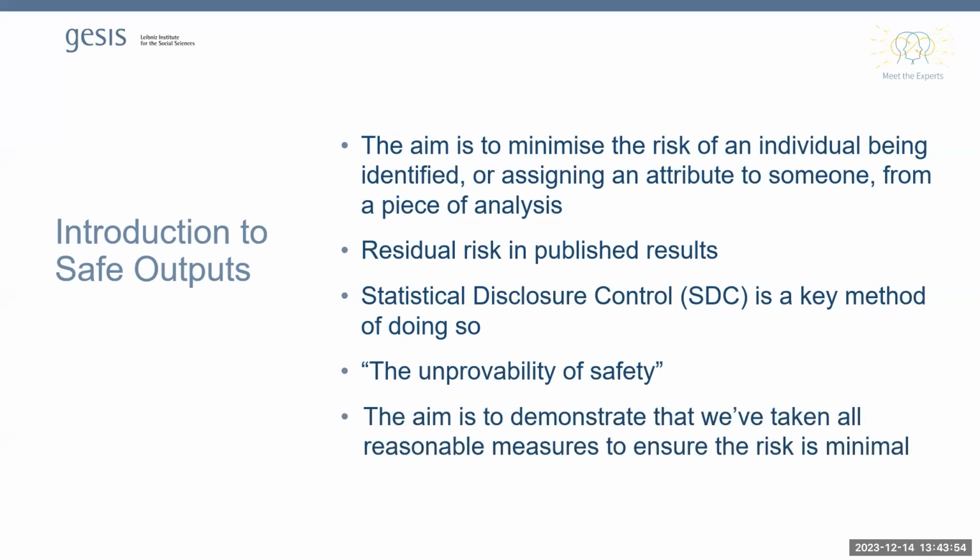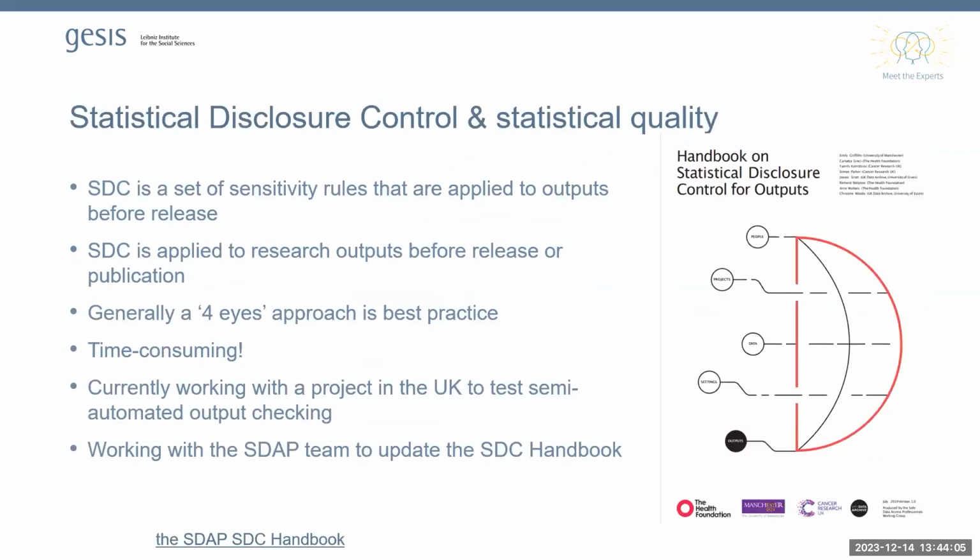So the aim is to demonstrate that we've taken all reasonable measures to ensure that this risk is as close to zero as it possibly can be. SDC comes down to a set of sensitivity rules that are applied to outputs before they can be released for publication, and that's applied in different ways across all TREs.